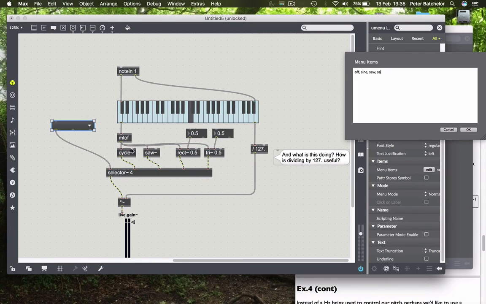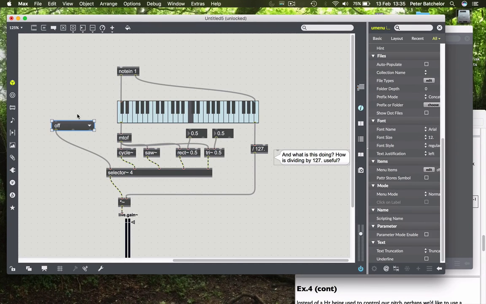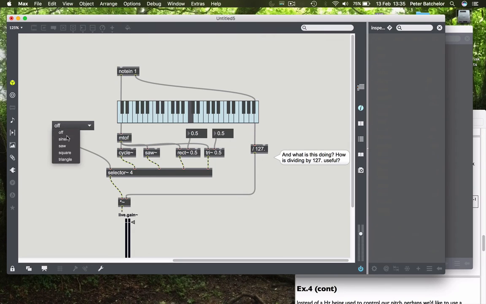Next one is a square, because we're going to leave it as a square, and finally a triangle. So I put those in there, press OK, and they appear in this list. So when I lock the patch, we get off, sine, saw, square, and triangle. And when I choose them, we get the appropriate sound.